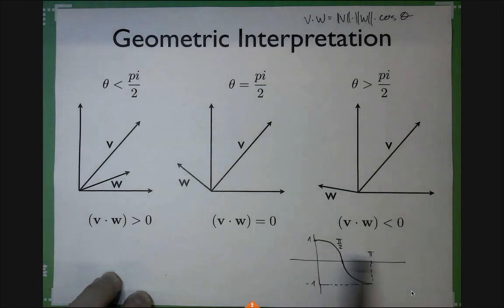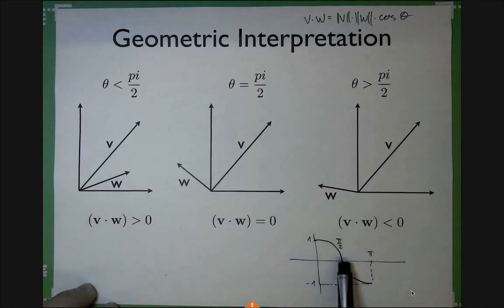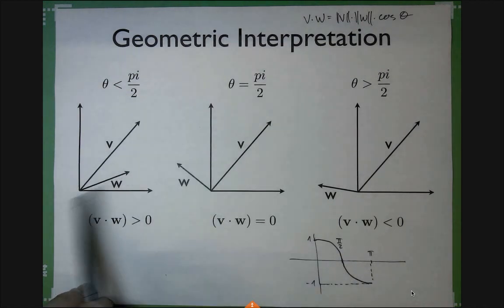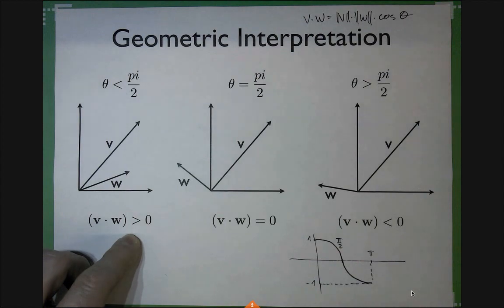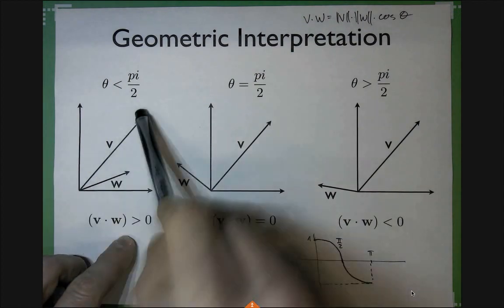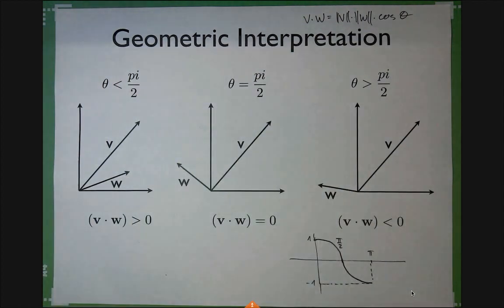And the sign of the cosine of theta is exactly determined by what the theta is, because if the angle between the two vectors is less than 90 degrees, less than pi half in radians, that means that the sign of the dot product is positive, right? That means that the vectors are sort of close together, intuitively, geometrically, okay?